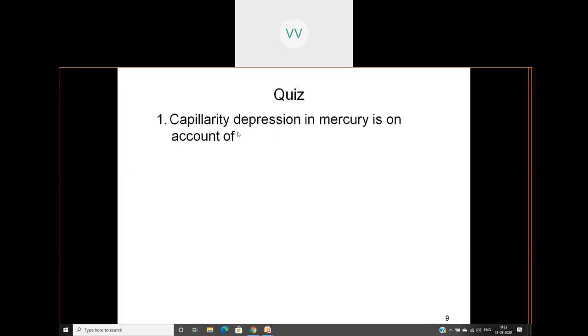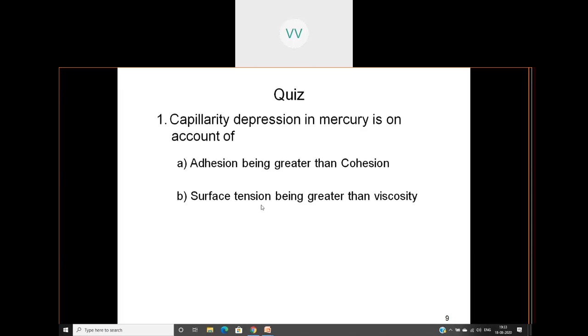The capillary depression in mercury is on account of: option A, adhesion being greater than cohesion. Next, surface tension being greater than viscosity. Then cohesion being greater than adhesion. And last is none of the above.